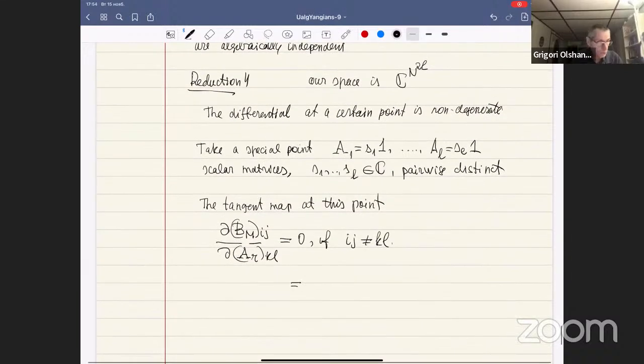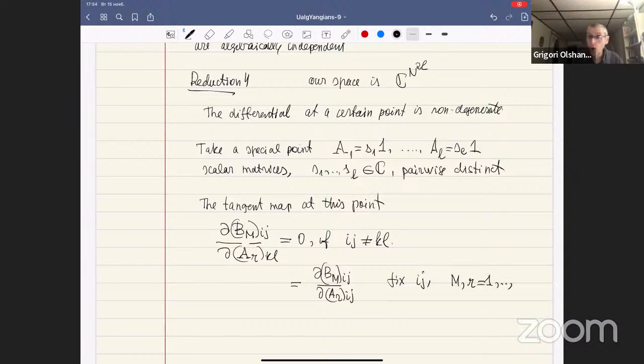And the only thing that we have to analyze, so fix I, J, and assume that M and R both range from 1 to N. So actually, we are left with L variables.